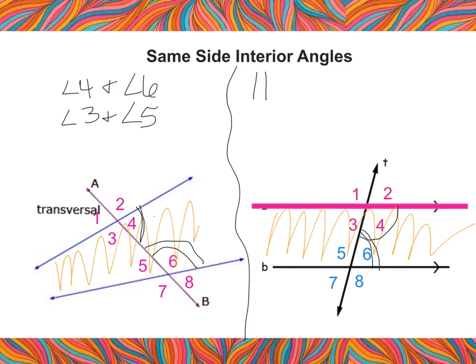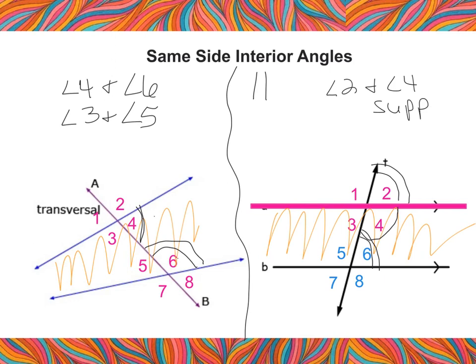If I move this back up, I can see that angles 2 and 4 form a linear pair. So let's go back and say what we know. We said 2 and 6 are congruent, and 2 and 4 are a linear pair. So what we can conclude is that 2 and 4 are supplementary.